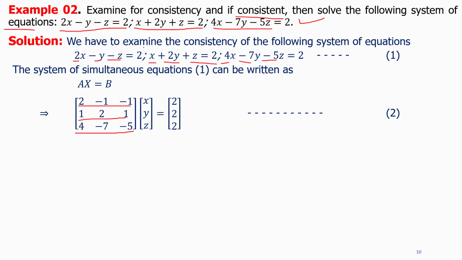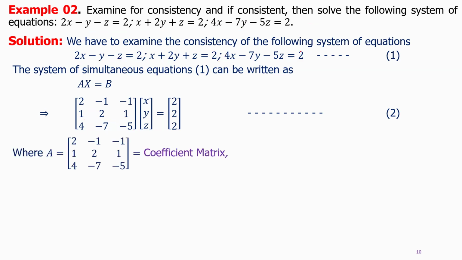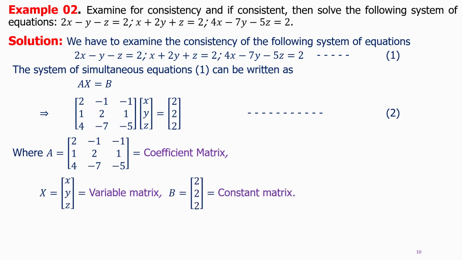X is the variable matrix x, y, z, and B is 2, 2, and 2. This is called the constant matrix, where A is called coefficient matrix, X is called variable matrix, and B is called constant matrix.